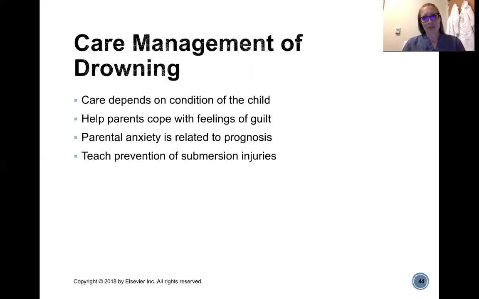That's why they fell into the water, or they don't have the appropriate fence around their pool, or they put the baby in the bathtub and walked away. So we really need to explore our own feelings about this and understand how we're going to approach instances of drowning and near drowning. We're going to want to be able to provide resources and support for these family members.